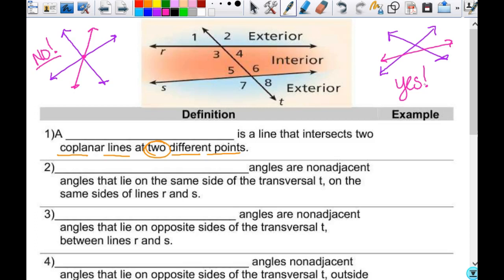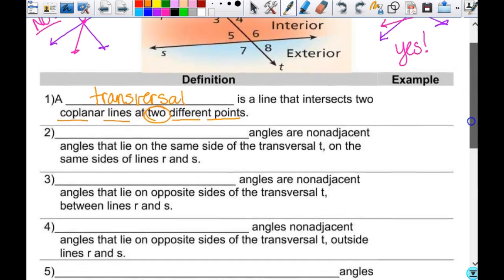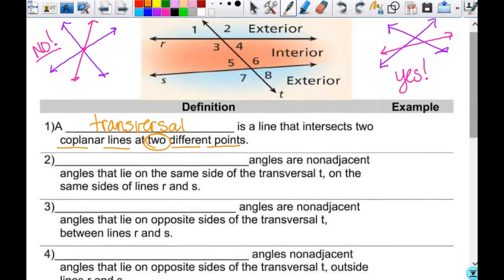In that case, they're not. In this case, they're not. But we're just looking at that third line intersecting the other two, and it has to be at 2 points. Okay? So that line is called a transversal. Okay, so a transversal is a line that intersects two coplanar lines at two different points. So the example for that here would be line T.